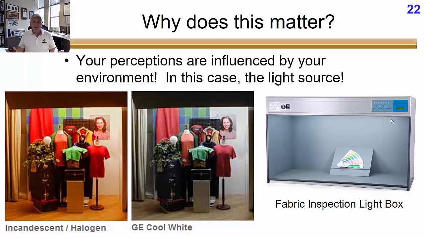So companies like Milliken that make dyes and pigments are very concerned about this, because they don't want the shirt that you buy in the store to appear a different color when you walk out of the store into daylight. And you're like, wow, this isn't as purple as I thought it was going to be. And so they have things called light boxes that they can actually put dyed fabric in and then change the source of the light to mimic fluorescent light or mimic natural sunlight or mimic incandescent light, so they can see how this all looks.